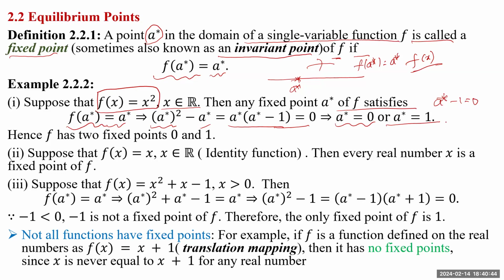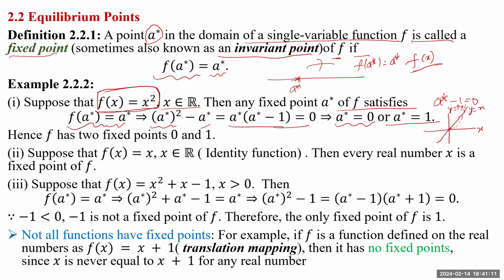Graphically, this is your x-axis and y = f(x). We know that y = x is the line passing through the origin, and f(x) = x². Then I can draw roughly this.